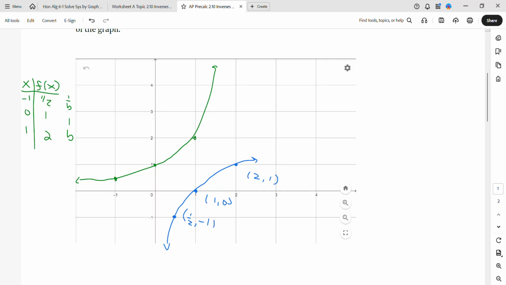So we're flipping them. So you'll always find that it is a reflection over y equals x. Okay, remember that's true for any inverse.